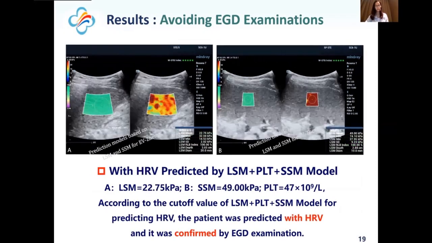As another example, the patient was detected with an LSM of 22.75 kilopascal, an SSM of 49 kilopascal, and PLT of 47 billion per liter. The patient was predicted with high-risk varices, and it was confirmed by the EGD examination.